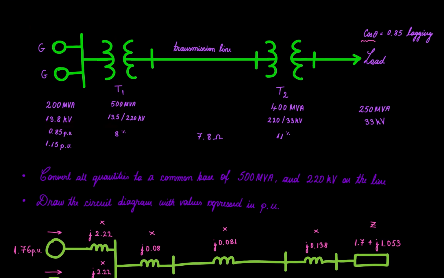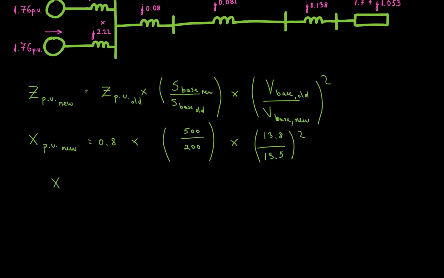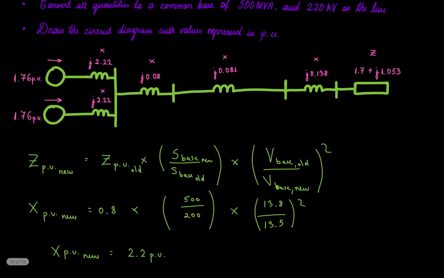Because then we have another region and another region. So we have 13.8 over 13.5 squared. Now all of this gives you the reactance in per unit, the new one, to be 2.2 per unit. So you see here we have 2.2 for each generator.